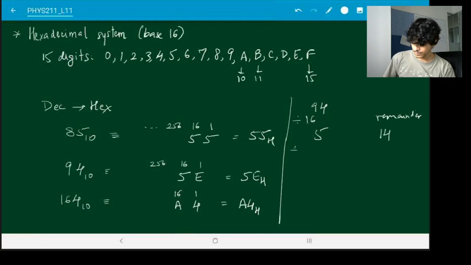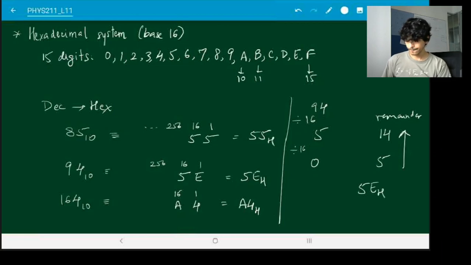And then again when you divide by 16, now you get 0 with a remainder of 5. So now when you put them in reverse order, you will get 5E. So same thing that we did for 2 in decimal, we are doing it for 16 in hexadecimal. So here is how you convert. These are two methods of converting from decimal to hexadecimal.